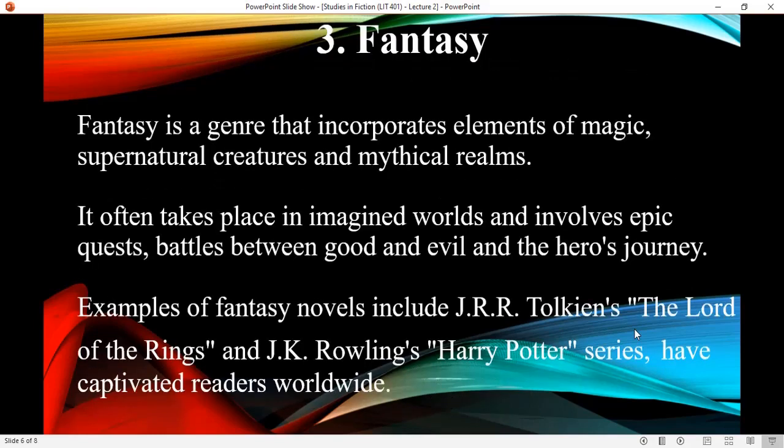Another genre of fiction is fantasy. When we talk about fantasy, we are talking about something that is not realistic, that is beyond the natural. It's usually something that has to do with magic, supernatural creatures, mythical realms.